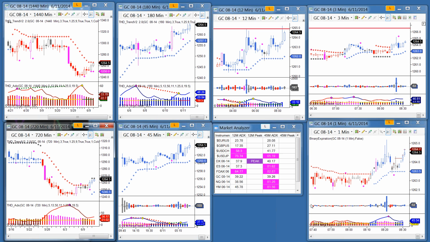You know, it very well could come up here and it very well could tag this little line or come close to it. It might get to 1266. And then you will see that sellers pound it. I've seen it. And if you watch, the volume will tell you. Any questions now?